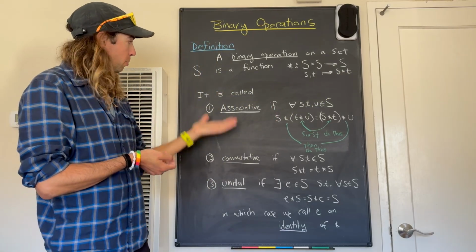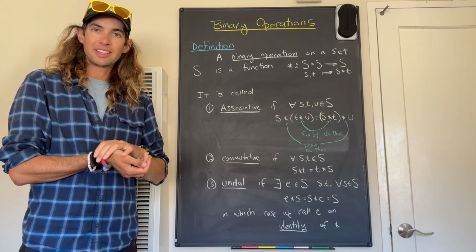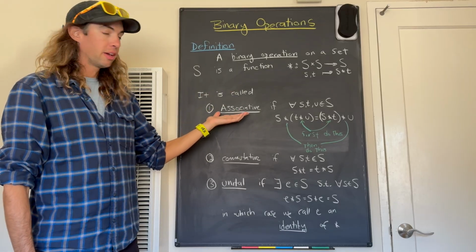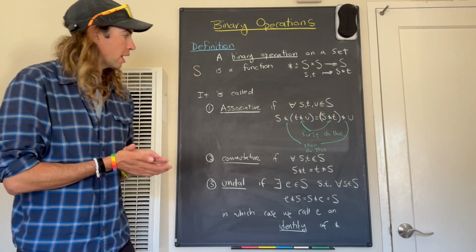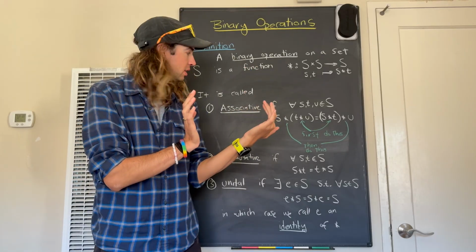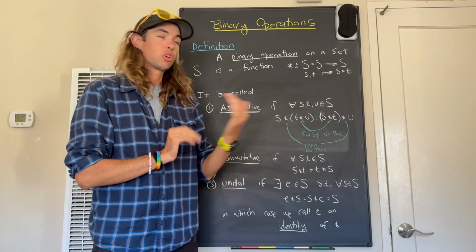So there are some properties of binary operations that we're going to use a lot in algebra. A binary operation is called associative if for all s, t, and u in S, so three elements of S, we have that s star (t star u) is equal to (s star t) star u.